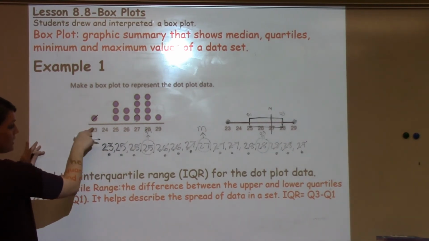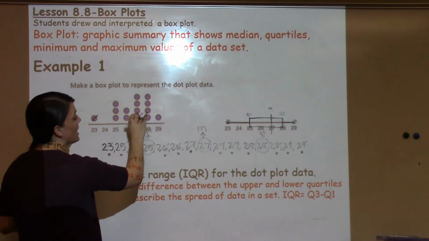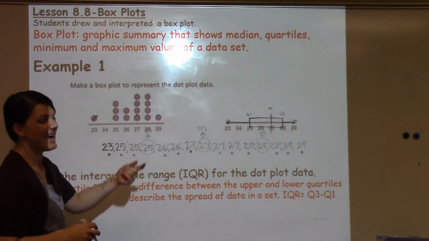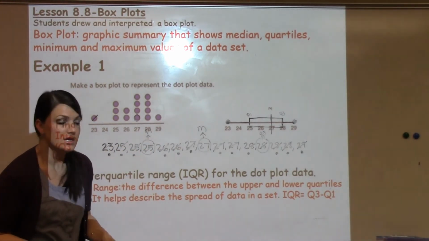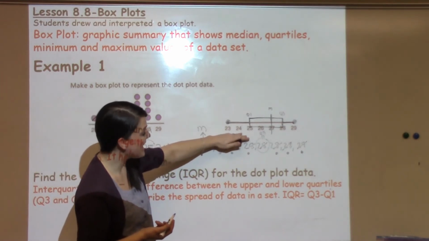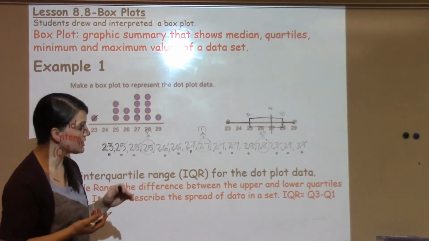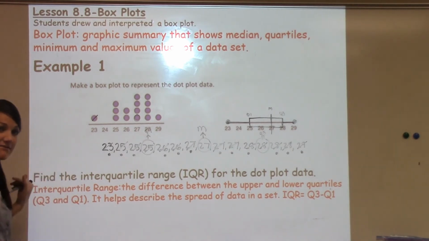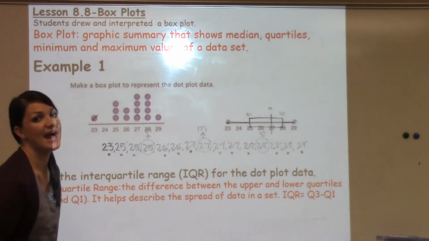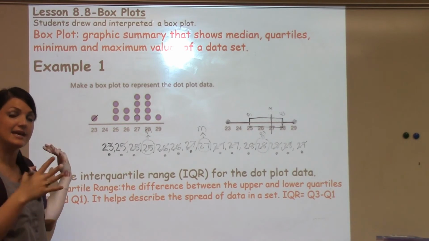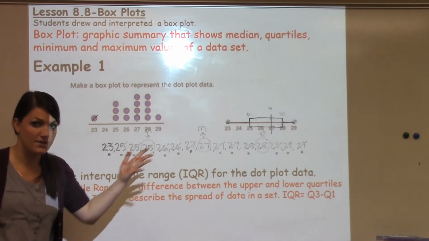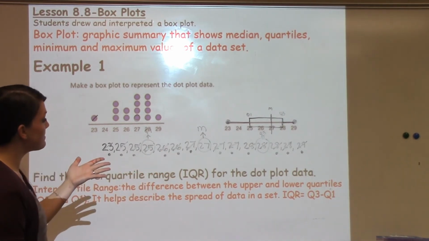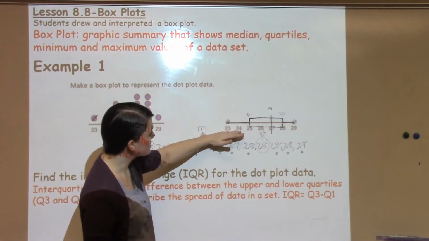Like I have one that's all the way over here at 23, where on the other half of my data set, I just have 28s and 29s. So this box plot is not incorrect, even though it looks uneven with the median, because all that means is it's giving us that visual representation that I have data on the lower end that might extend more than the other side. So this would be a box plot and an example of how it would look.